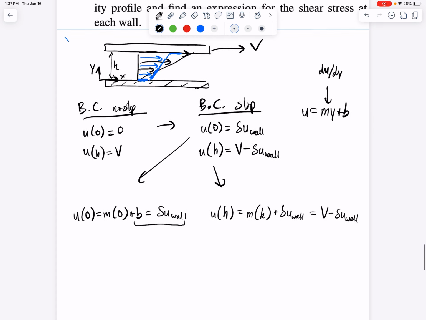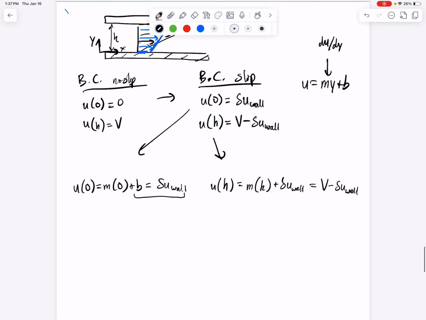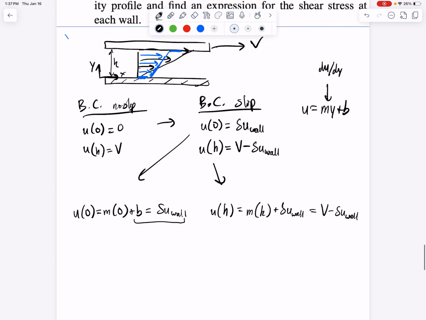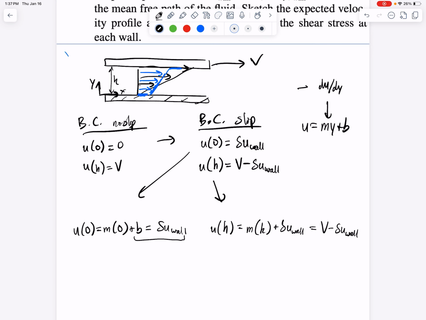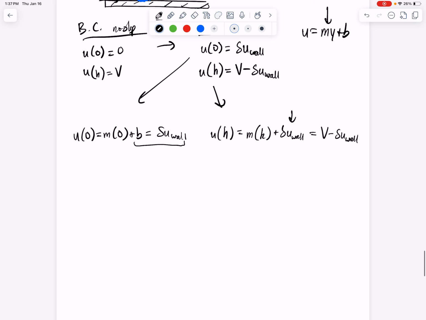So I can rewrite my slope in terms of this form, and also break down my delta U formula into the equation that represents it. So I have du/dy times h plus L times du/dy equal to v minus L du/dy.